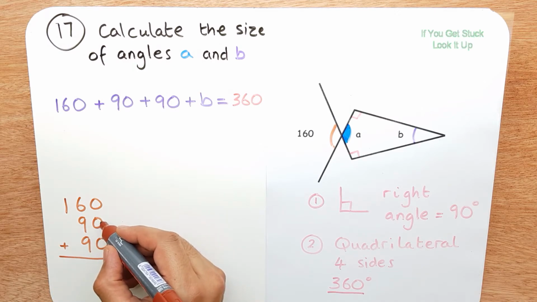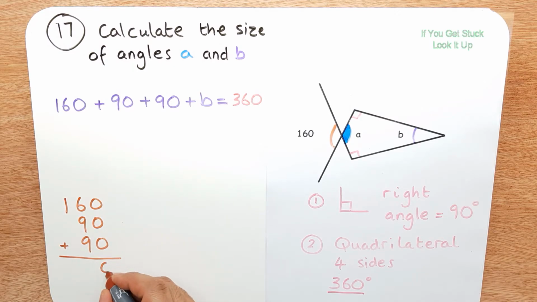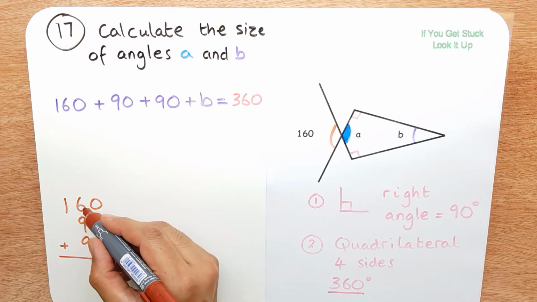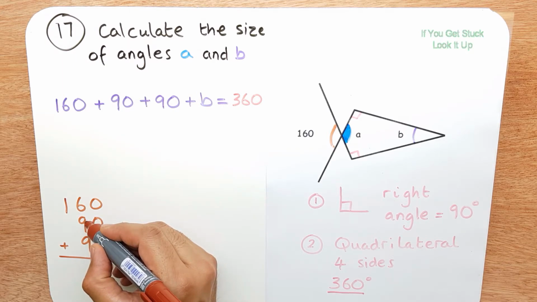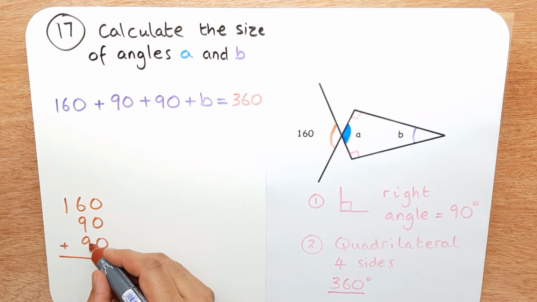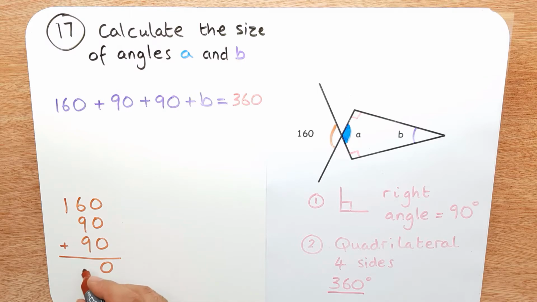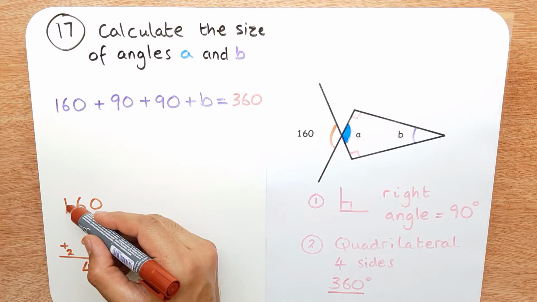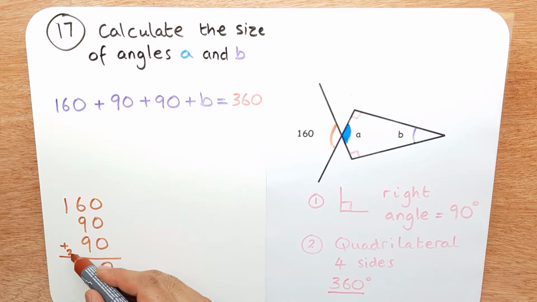So 0 add 0 add 0 is 0. 6 add 9 is 15. Add another 9 is 24. So the 4 goes here, and we carry the 2 over to the next column. And in this column, we've got 1, add the 2 we've carried is 3. So if we add these 3, we end up with 340.